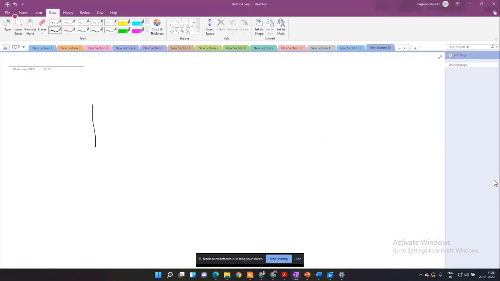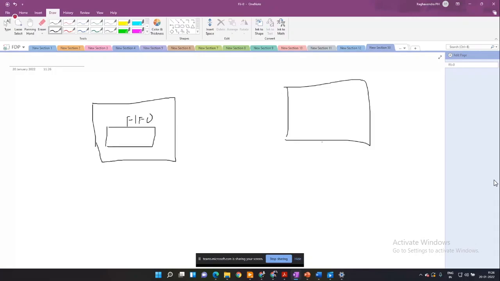Now inside your USRP's FPGA itself, you have a buffer which we call a FIFO. And in your computer also, you have a software buffer.